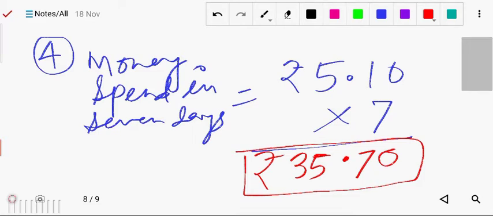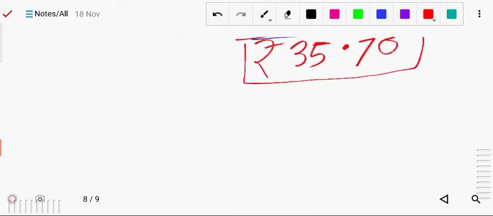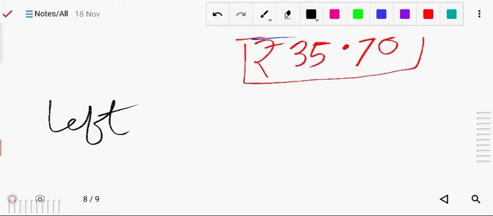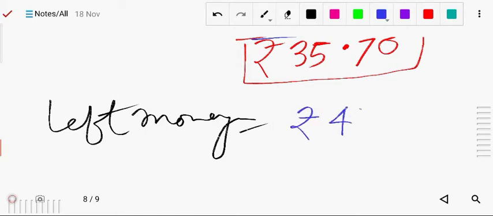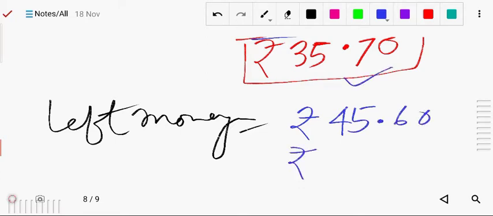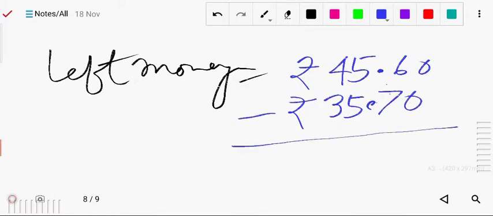Okay, now the left amount. We will find the left money. So total amount with him was rupees 45.60, and you can subtract the amount he has spent, 35.70. Now you can subtract these two.